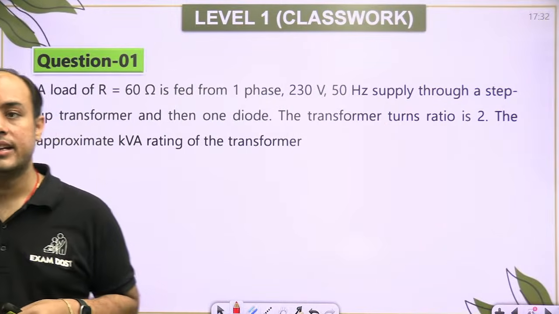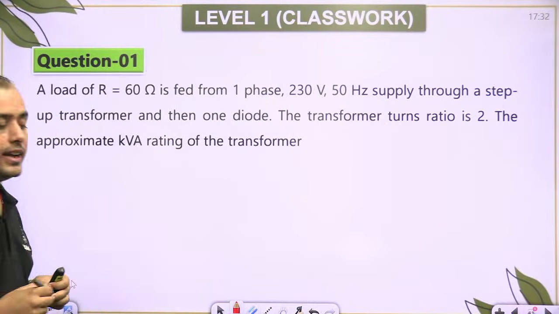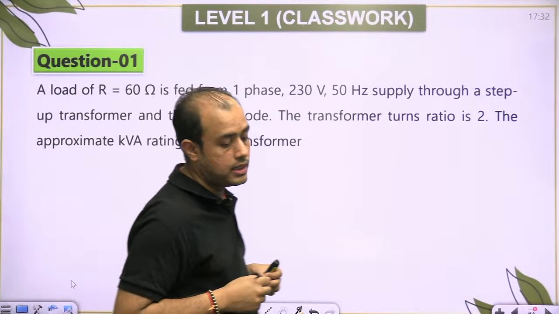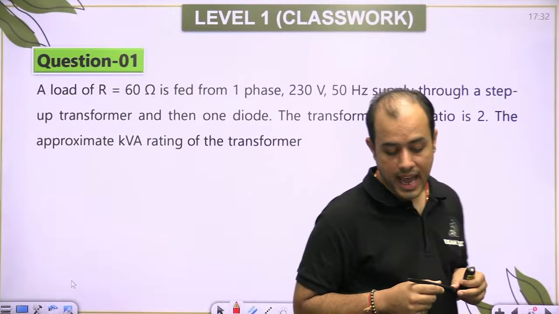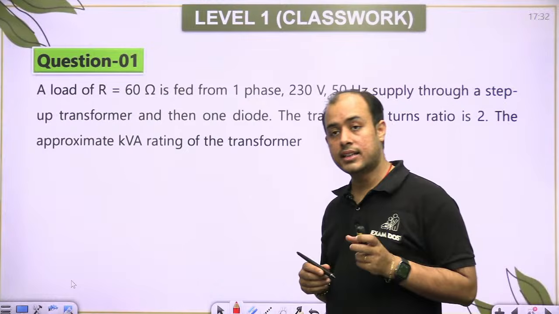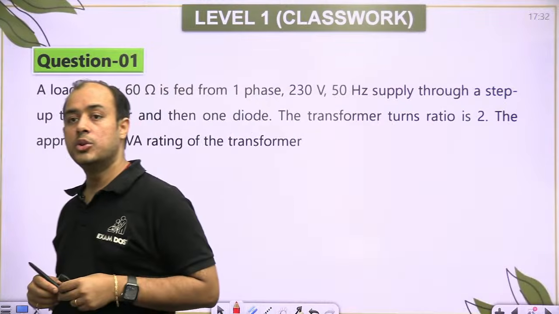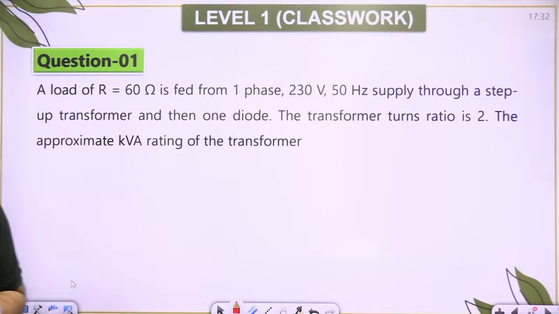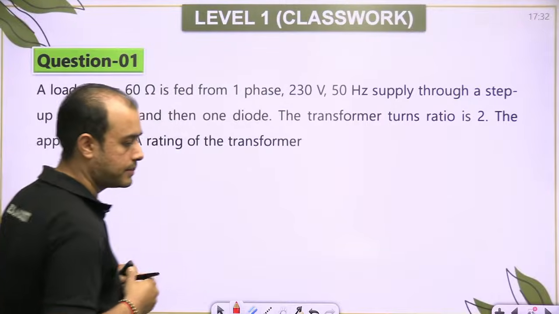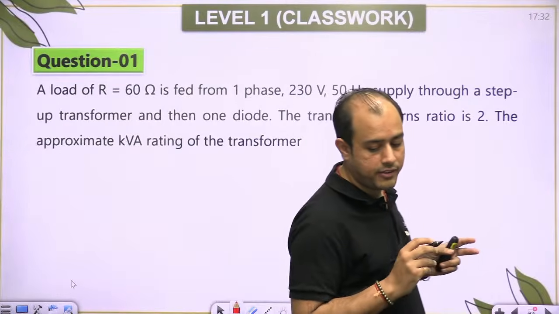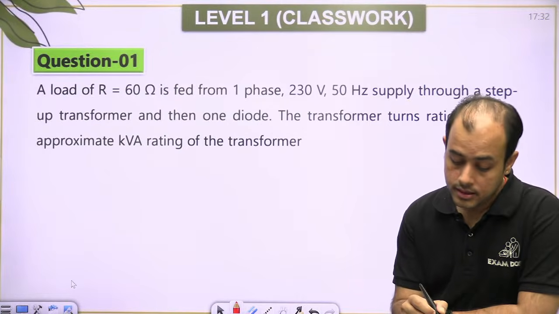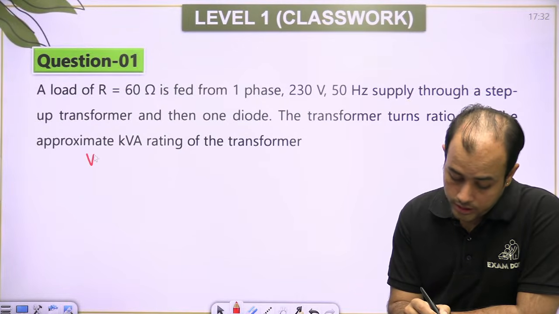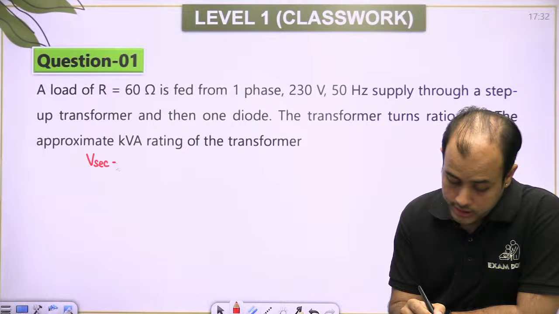I am feeding a resistive load from a single phase AC supply through a step up transformer and a diode. The turn ratio is 2. You need to tell me the KVA rating of the transformer. Now listen to me very carefully. Now what is the secondary voltage?